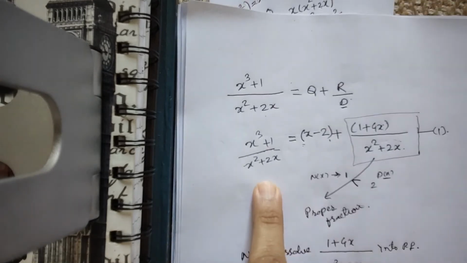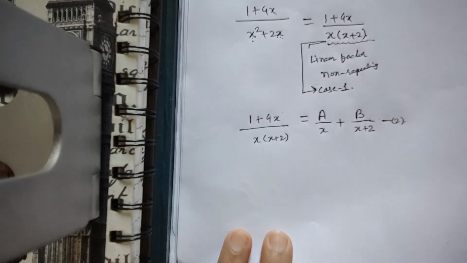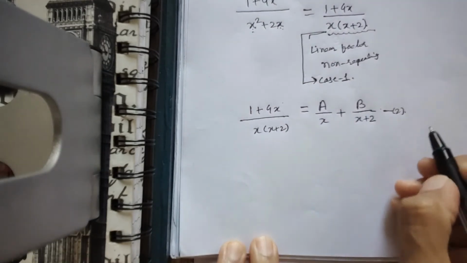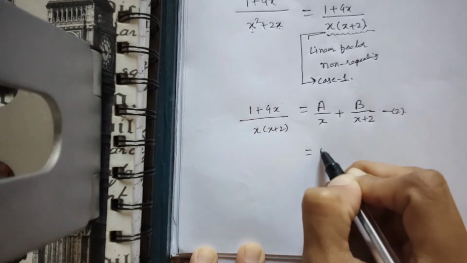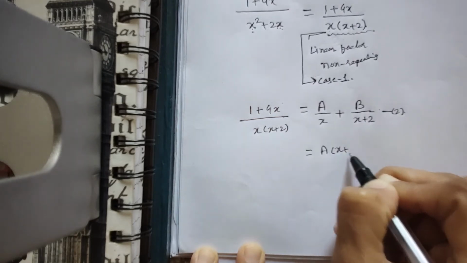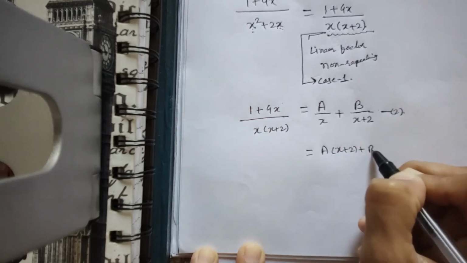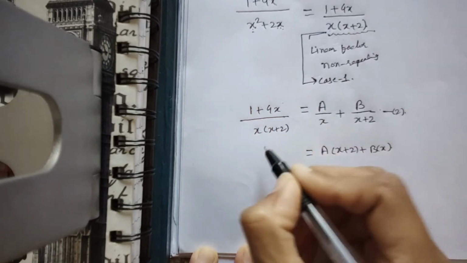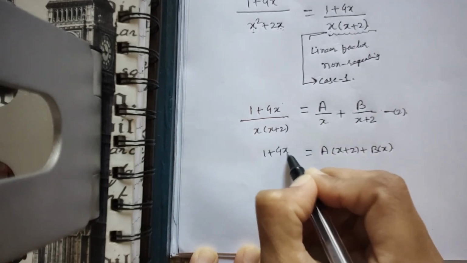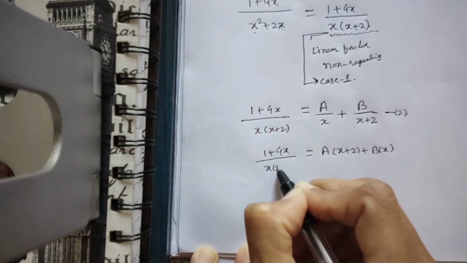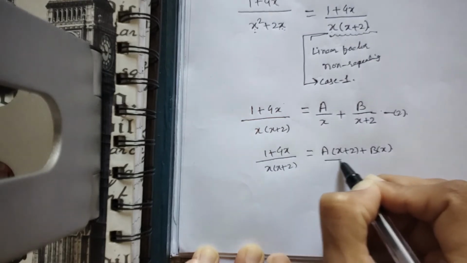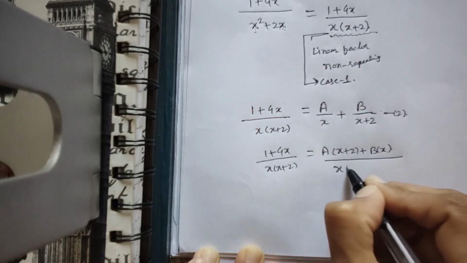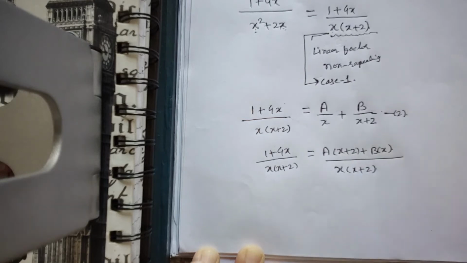So now just cross multiply: a(x + 2) + b(x), upon x(x + 2).